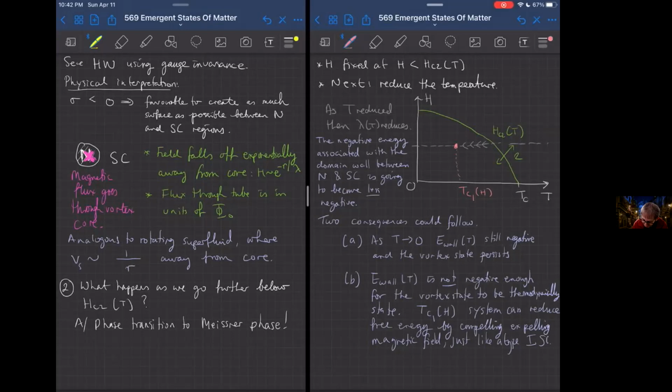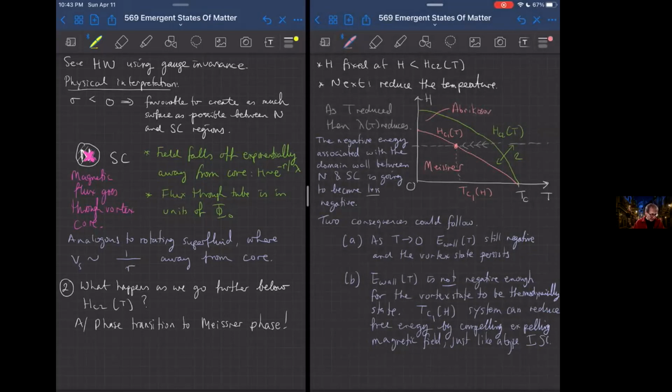And if I were to draw that, that would look something like this. And this line would be HC1 of T, and this phase here would be the Meissner phase, and this phase here would be the Abrikosov phase.